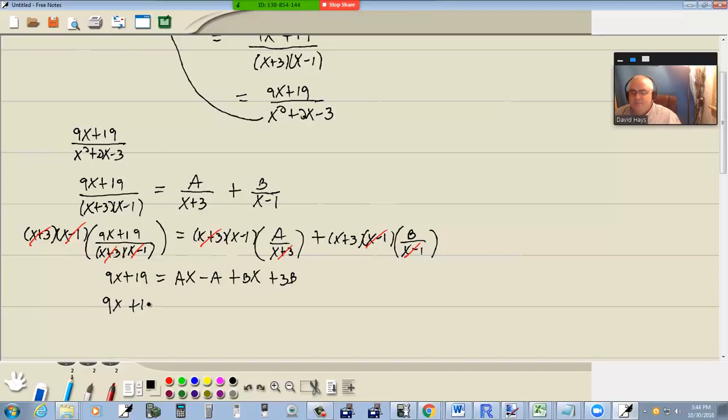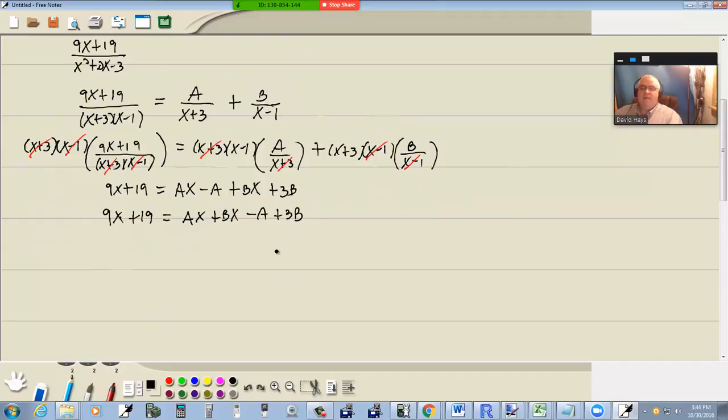So we got 9x plus 19 equals ax plus bx minus a plus 3b. So we got 9x plus 19, and if we factor out an x, but I'll put it behind it, we got a plus b times x minus a plus 3b.